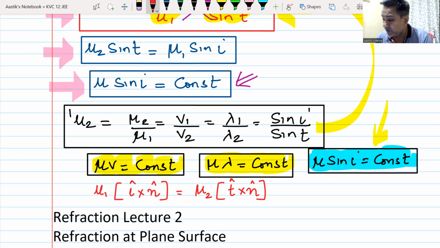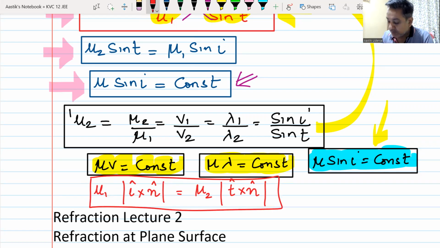Remember, instead of writing this like this, I should perhaps put a magnitude sign. Magnitude sign is better. I can put this magnitude sign, and this is another way of writing Snell's law. Do we understand this?